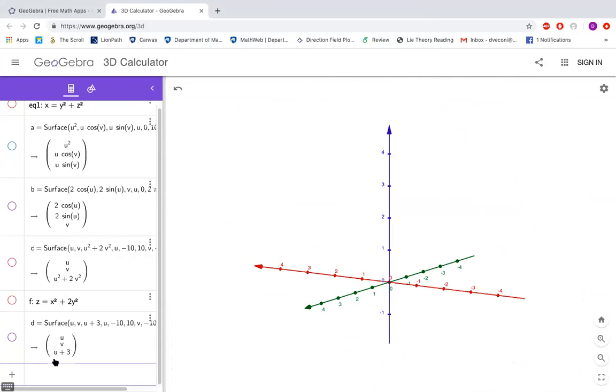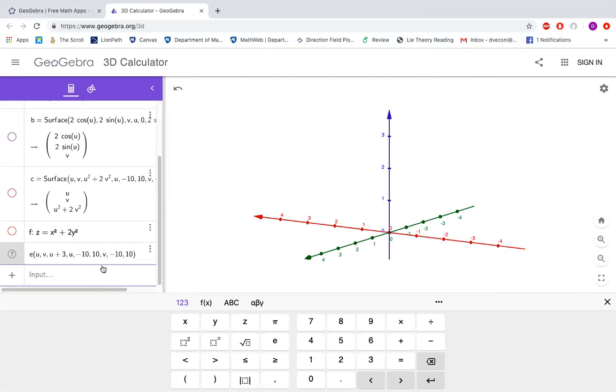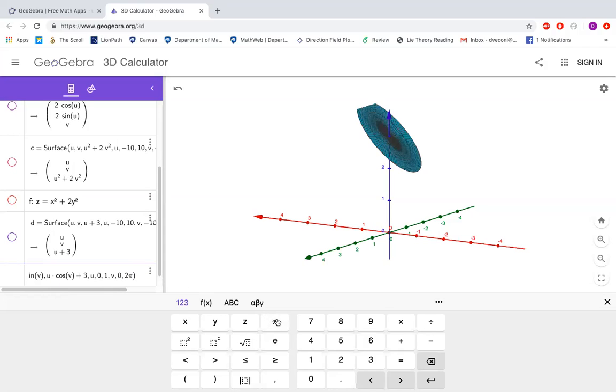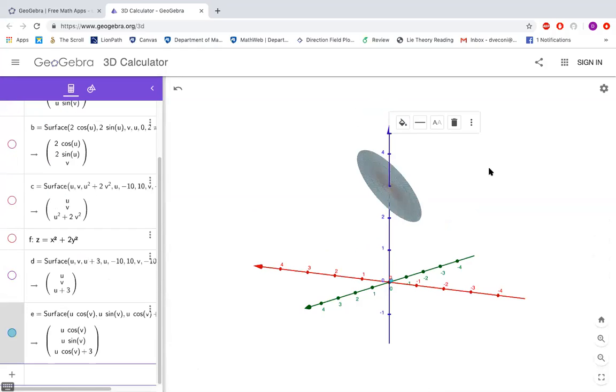So instead, we're going to define a new surface, which is going to be (u cosine v, u sine v, u cosine v plus 3) for u going from 0 to 1 and v going from 0 to 2 pi. Aha!